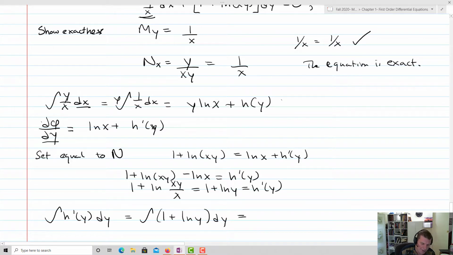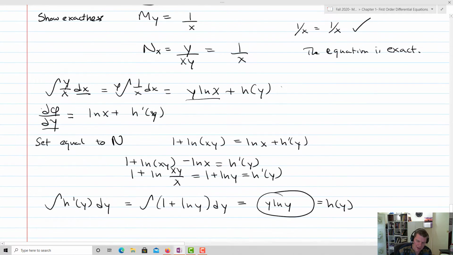We utilize integration by parts in order to do this one. And what we're left with after integration by parts is y natural log of y. And that's it. So we'll take this piece, our h of y, plus y ln of x, and that's going to give me phi.